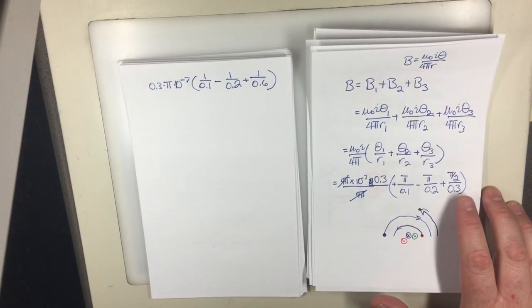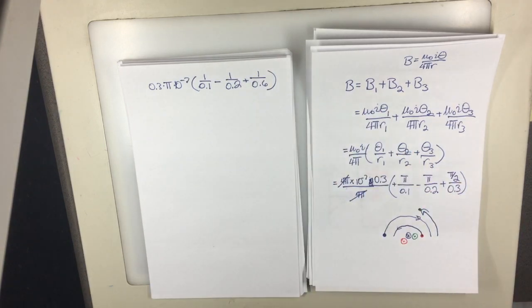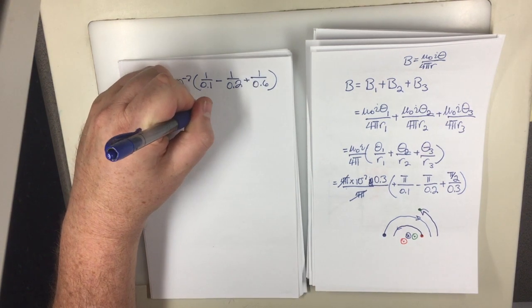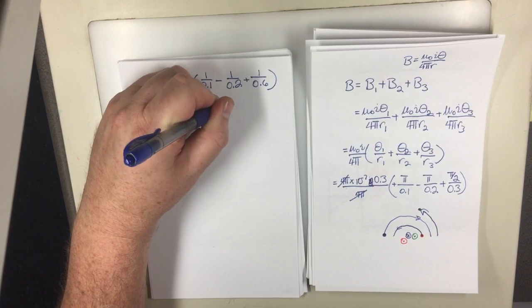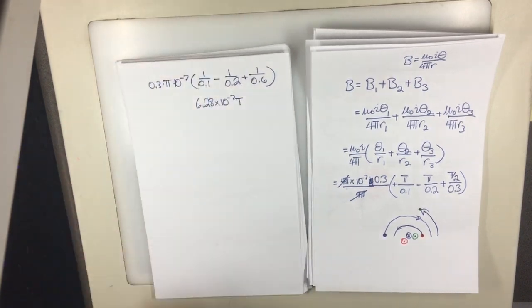That 2 comes down, and I get 6.28 times 10 to the negative 7 Tesla.